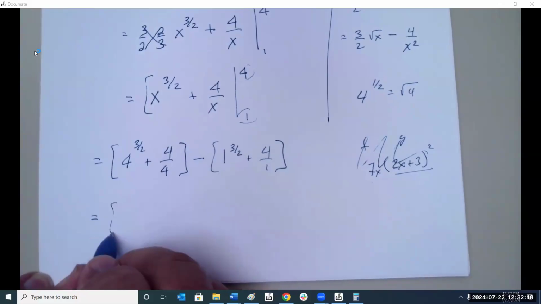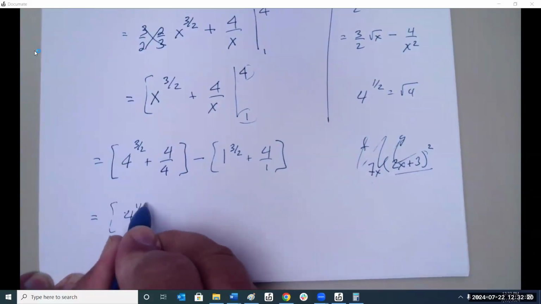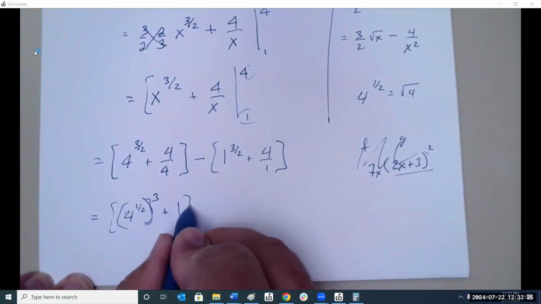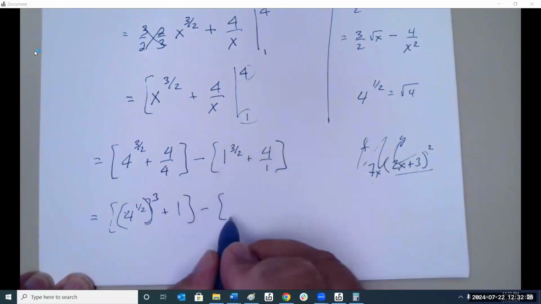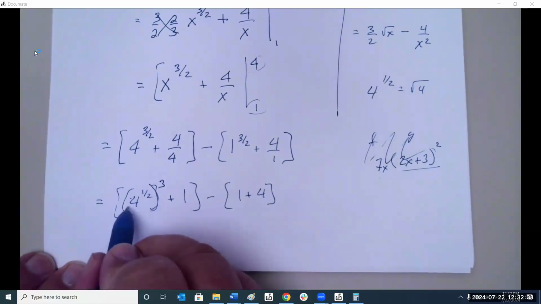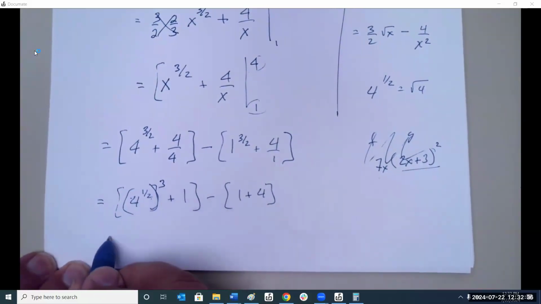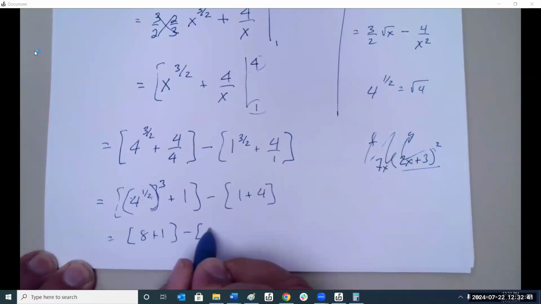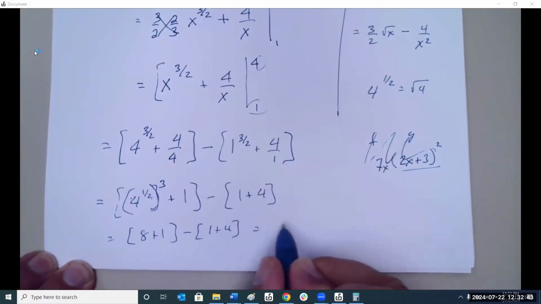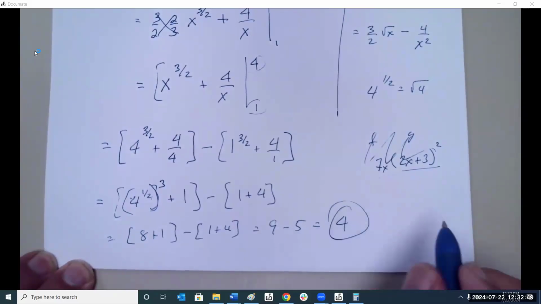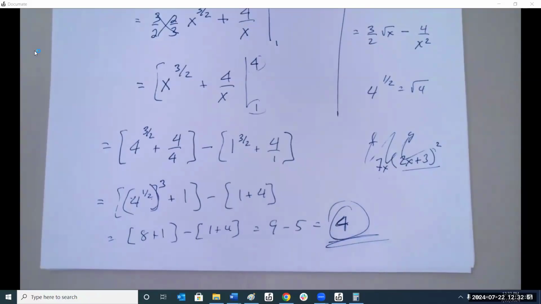So we have 4 to the power 1/2 cubed, plus 1. 1 to any power is 1, plus 4. Square root of 4 is 2, 2 cubed is 8, 8 plus 1 is 9, minus 1 plus 4 is 5. 9 minus 5 equals 4. That's your answer. That's the area under the curve from 1 to 4.